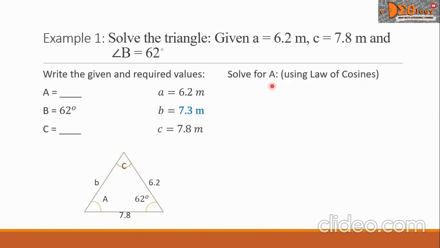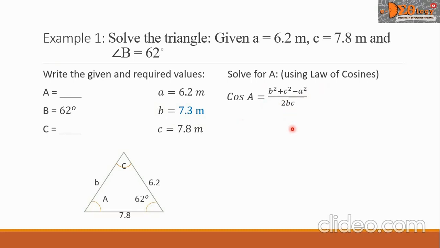Now, let us solve for A using the law of cosines. We may also use the law of sines at this point. However, let us show that our A here is to be solved by the law of cosines. So cosine A equals B squared plus C squared minus A squared all over 2BC.